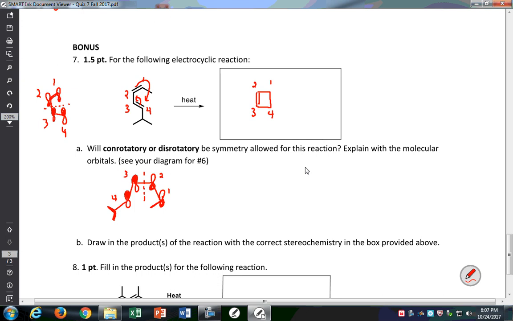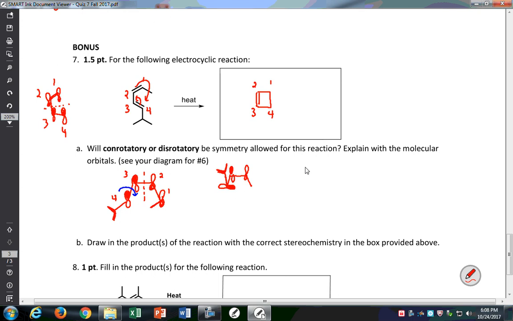So let's say I turn carbon 4 clockwise. I don't really care about carbons 2 or 3. The pi bond is retained. So I rotated it clockwise, and that put my R group going up.